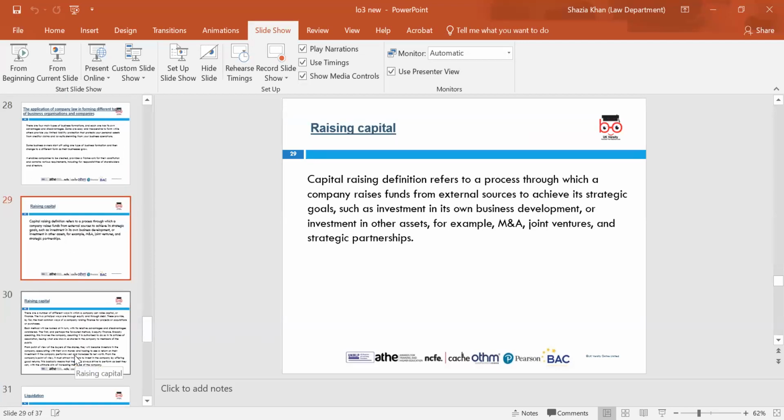So, raising capital. Capital raising refers to a process through which a company raises funds from an external source to achieve its strategic goal, such as an investment in its own business development or investment in other assets, for example M&A, joint ventures, and strategic partnerships.